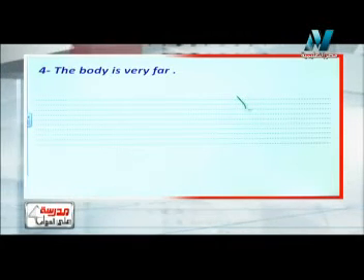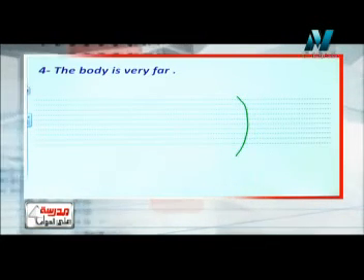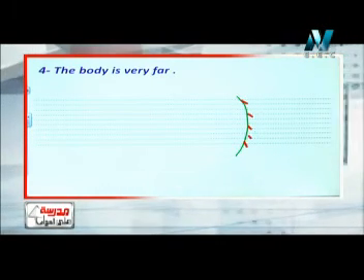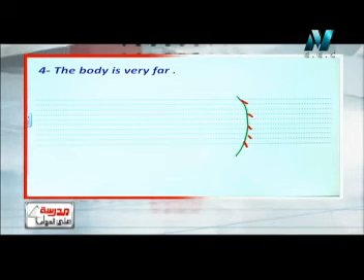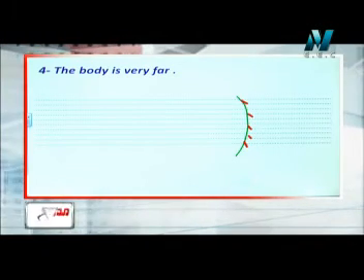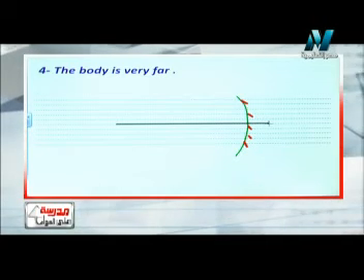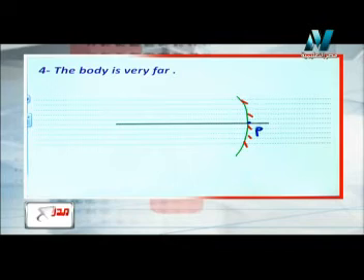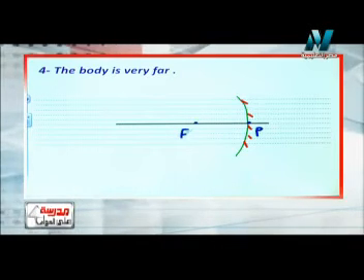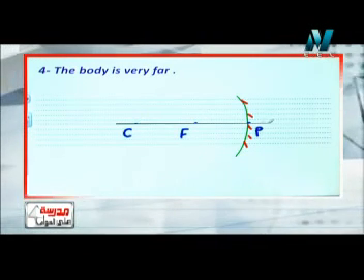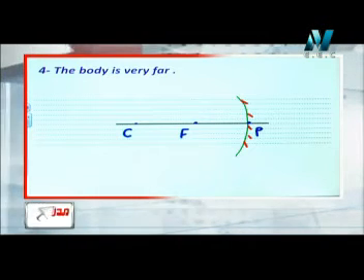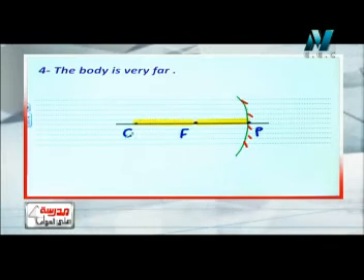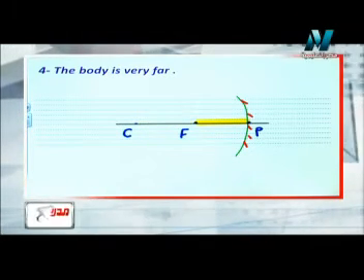We use the protractor for the shaded area, and by ruler we draw the principal axis, and determine number 1 pole of the mirror, number 2 focus, number 3 center of curvature. The two distances here are equal, from F to P equal from F to C. We should remember this fact.